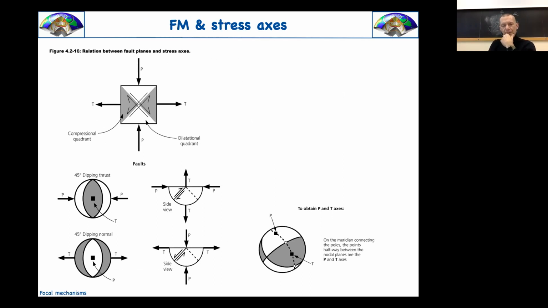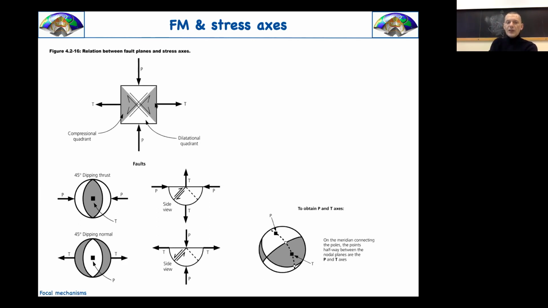You see there that if we have a situation with P, T, and B getting out from the screen here, we have to remember, okay, it's P for the source, so it's inside the source. For the receiver, it will be a pole, so it will be white and black here. The principal axes and the fault and auxiliary planes will be at 45 degrees, 45 degrees, 45 degrees, 45 degrees.